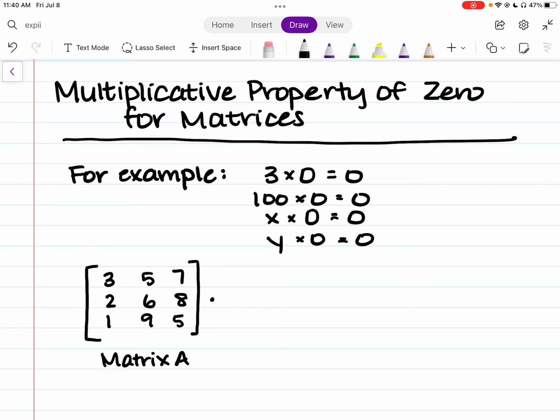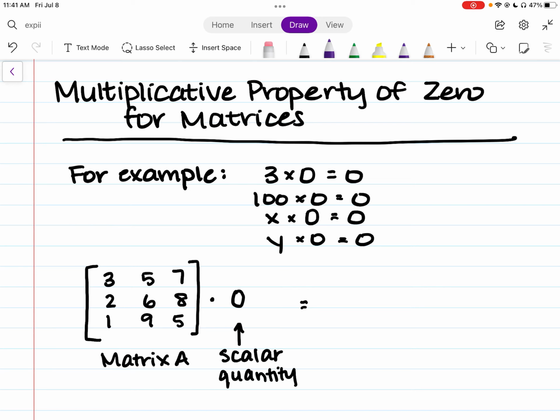If we multiply matrix A by the scalar quantity 0, that's just saying it's a value, it's not a matrix. If we think back to scalar multiplication of a matrix, each entry within matrix A will be multiplied by 0.